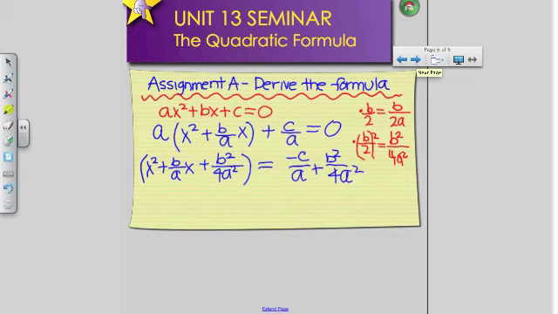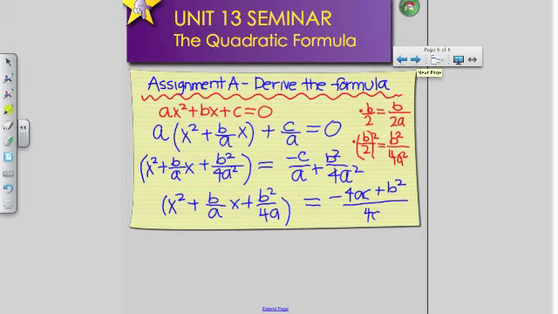And I'm skipping some steps along the way because otherwise this would be a lot longer. So x squared plus b over a x plus b squared over 4a squared is going to be equal to negative 4ac plus b squared over 4a squared.